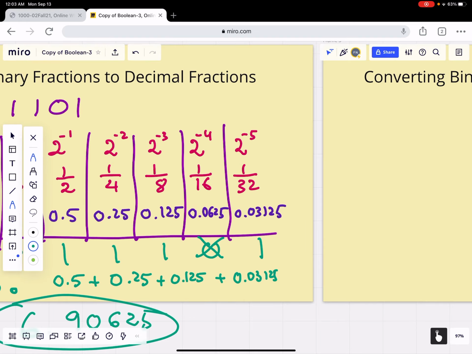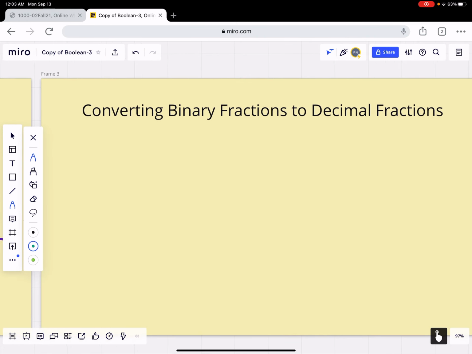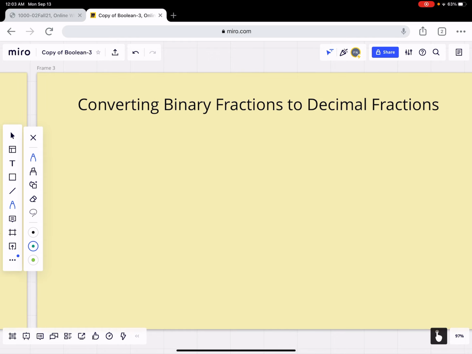Since everybody should have a book right now, you can do your homework straight from the book. The examples that you have to do are on page 22.